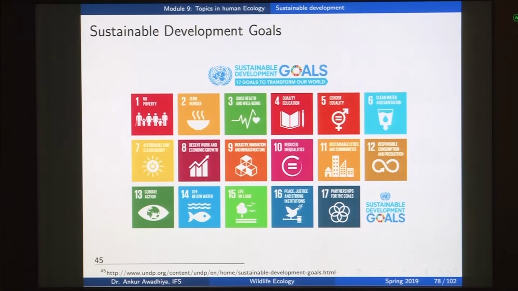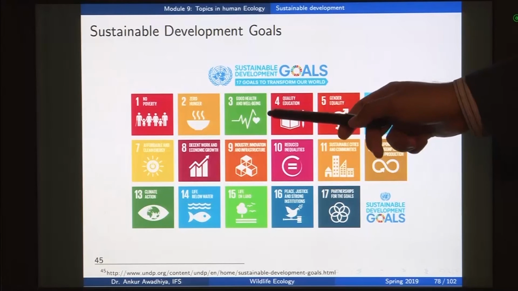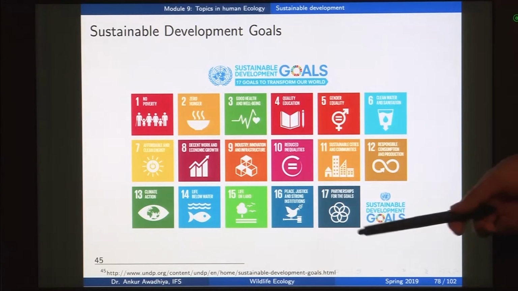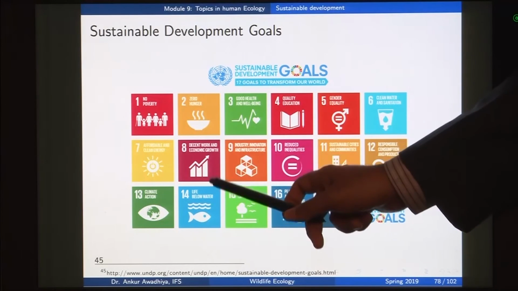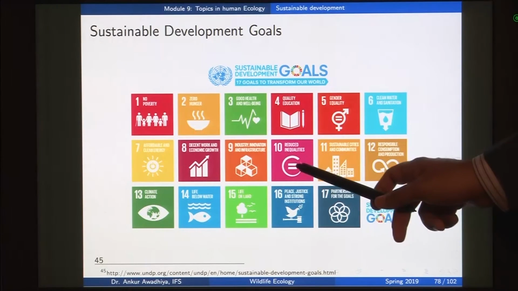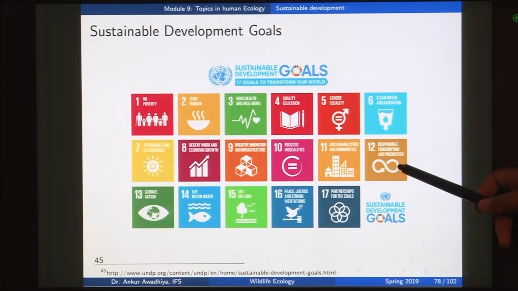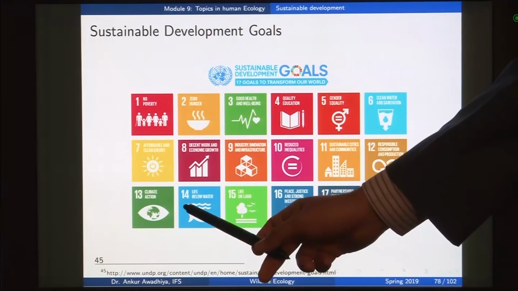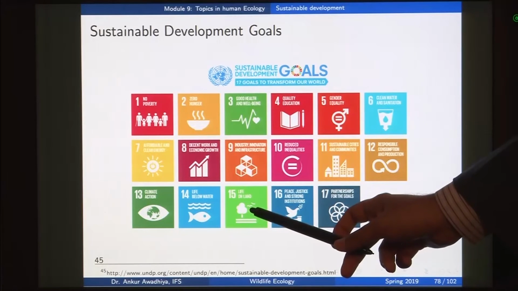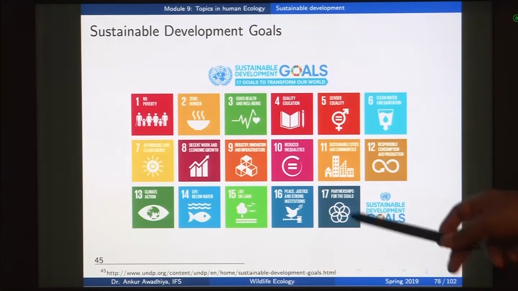These are goals such as no poverty, zero hunger, good health and well-being, quality education, gender equality, clean water and sanitation, affordable and clean energy, decent work and economic growth, industry, innovation and infrastructure, reduced inequalities, sustainable cities and communities, responsible consumption and production, climate action, life below water, life on land, peace, justice and strong institutions, and partnerships for all these goals.